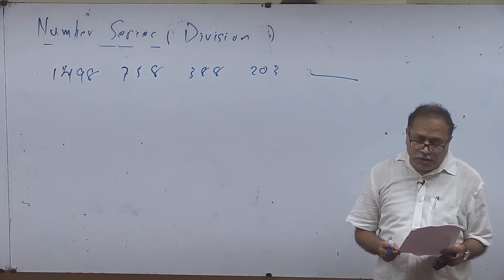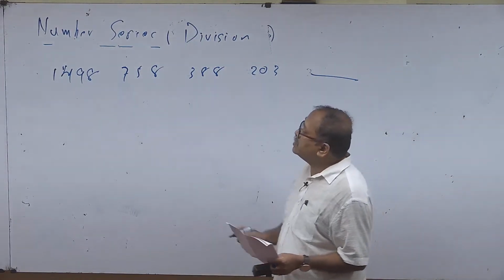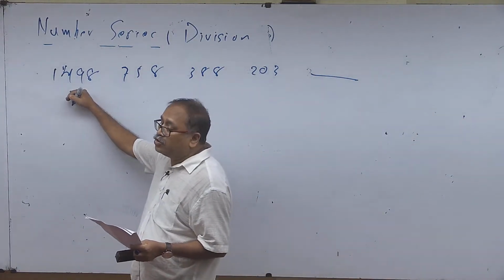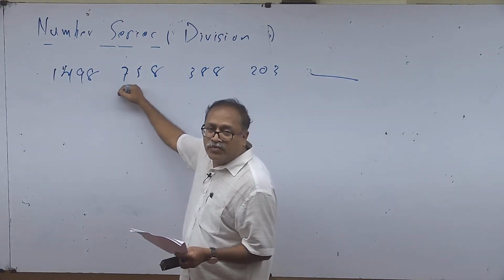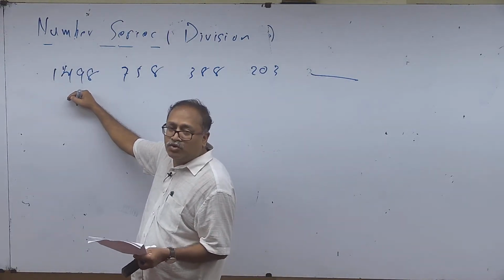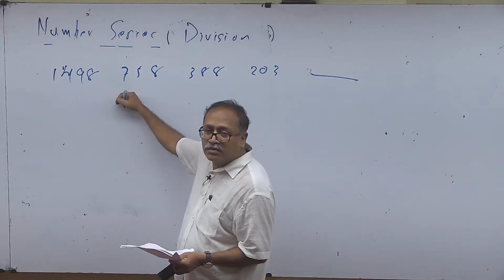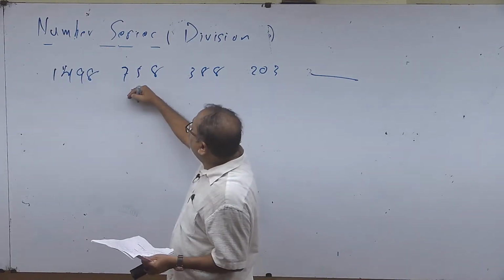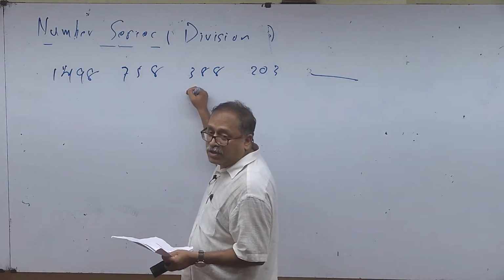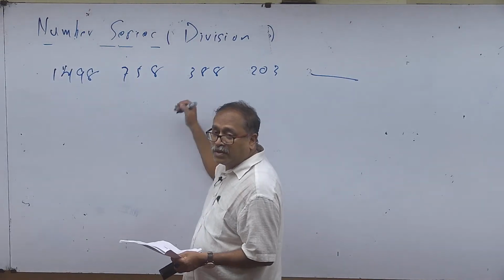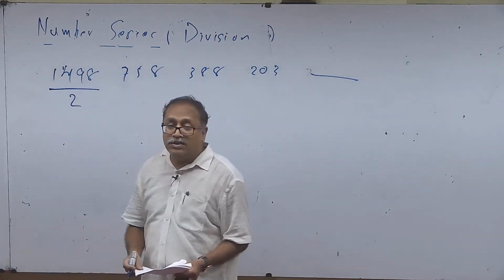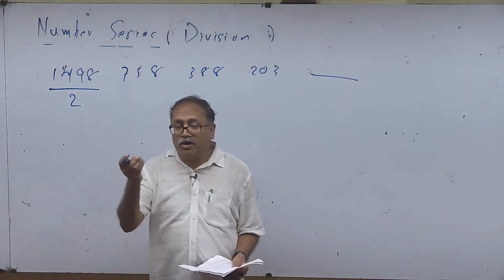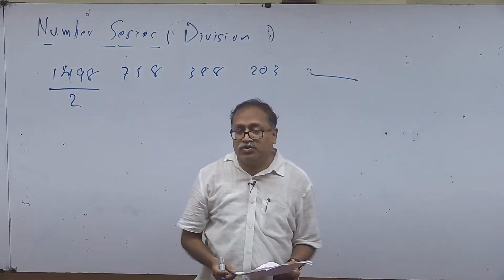When we are talking about division based, that means if this number is divided by 2, I can see that we will get 7 plus. 1400 plus divided by 2, I will get 700 plus, and this when divided by 2, I will get 35 plus. So there is an indication that it is divided by 2, and we see whether the direct number is given or any additional adjustment is placed over there.